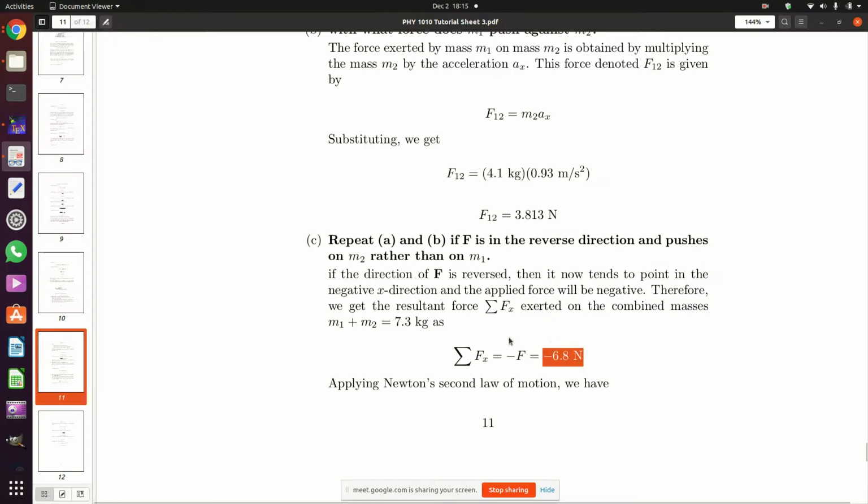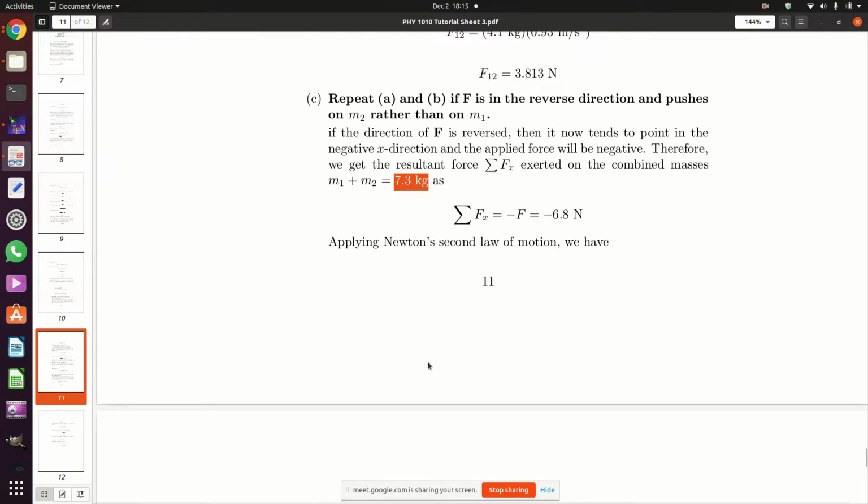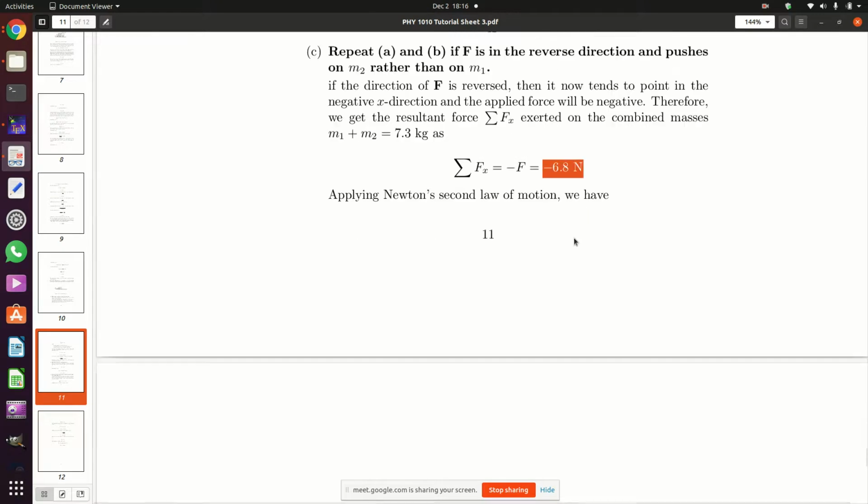And of course, this force is acting on a combined mass of M1 plus M2, the combined mass being 7.3 kg. So our net force is pointing in the negative direction, and the only contribution to the resultant force is F, so we end up having minus 6.8 newtons.